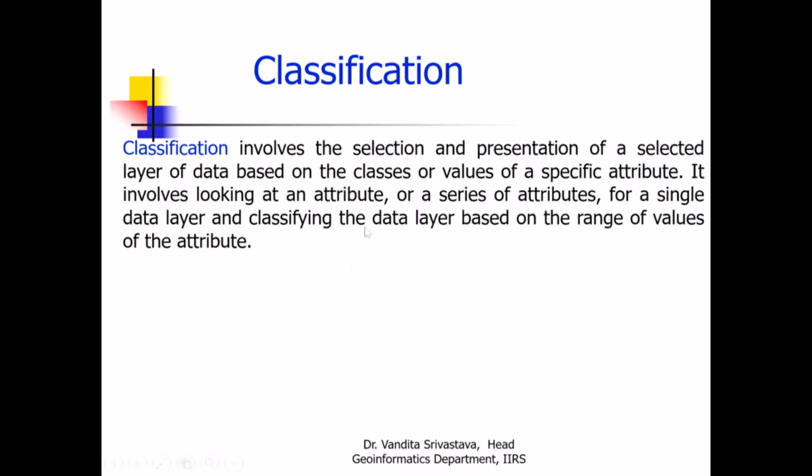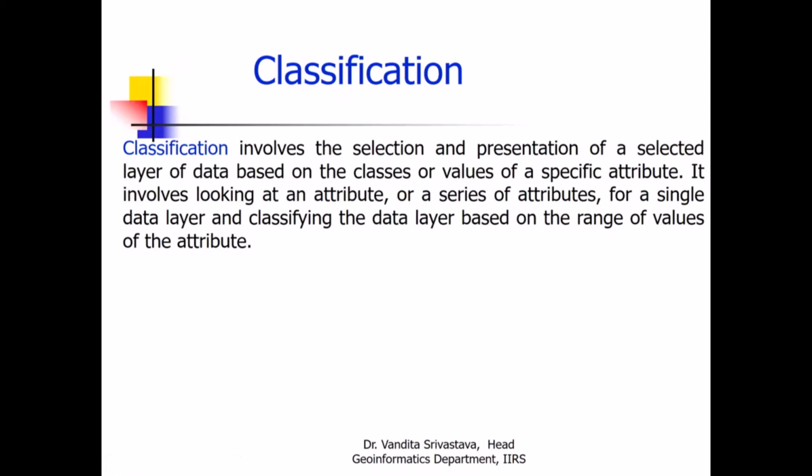It involves looking at an attribute or a series of attributes. We can have a first primary attribute, then a secondary attribute. Usually it is performed on one layer at a time. So, it is a single layer operation. And then we classify the data based upon the ranges of the values that are present for that particular attribute in that layer.